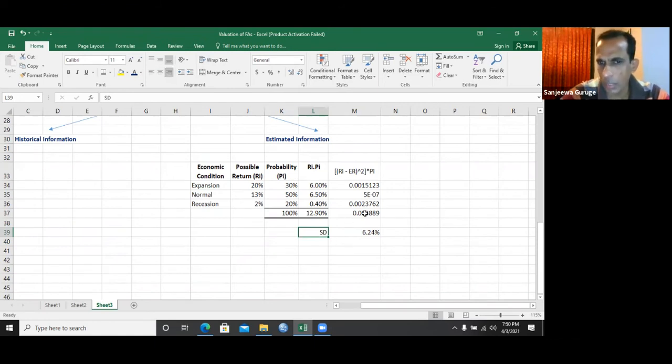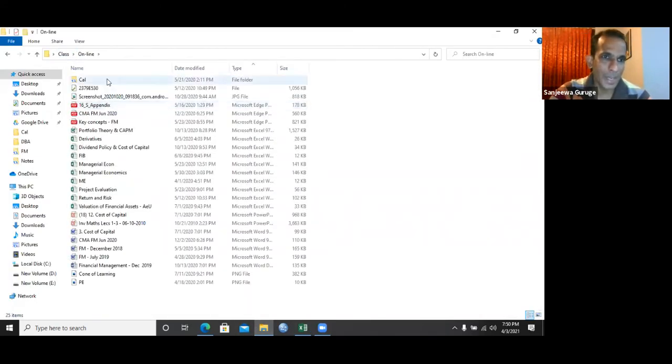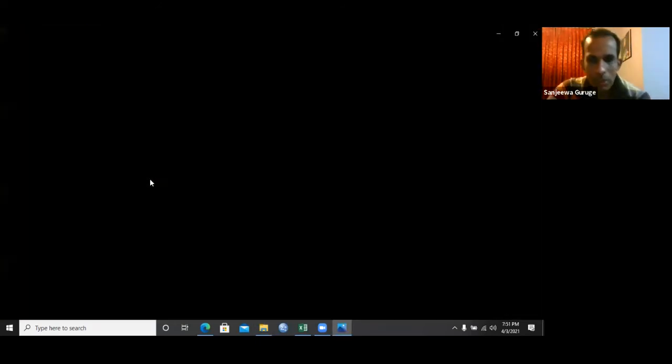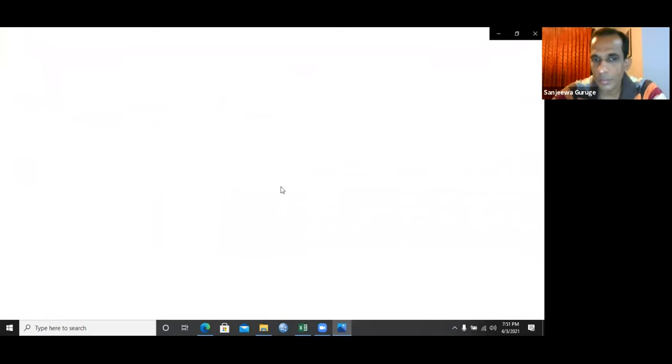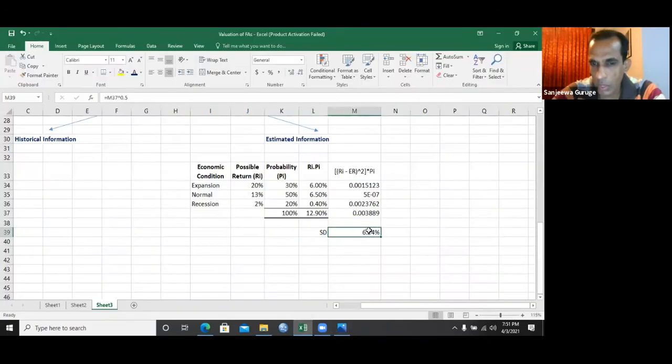Otherwise, when you calculate this, that square root sign is there. In any scientific calculator, to calculate this square root, you use that key. This total is the variance, and standard deviation means the square root of that.